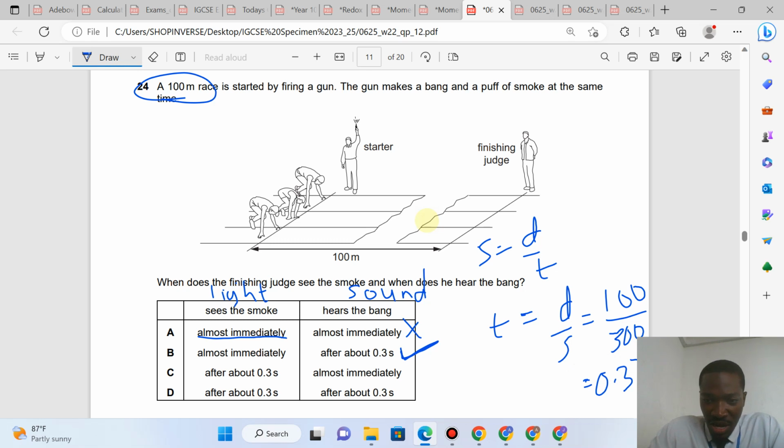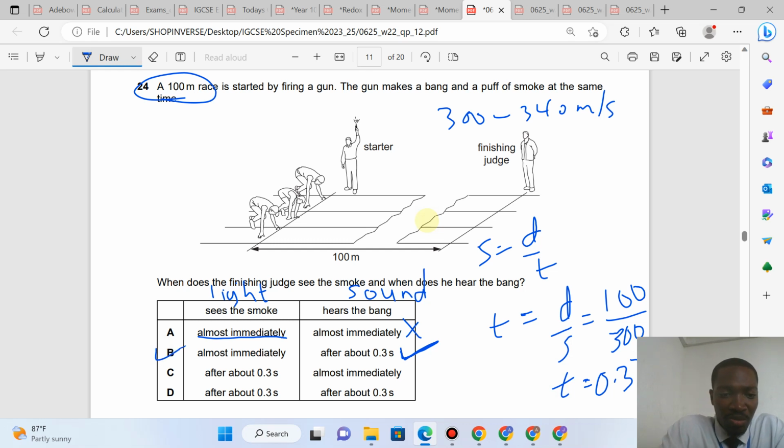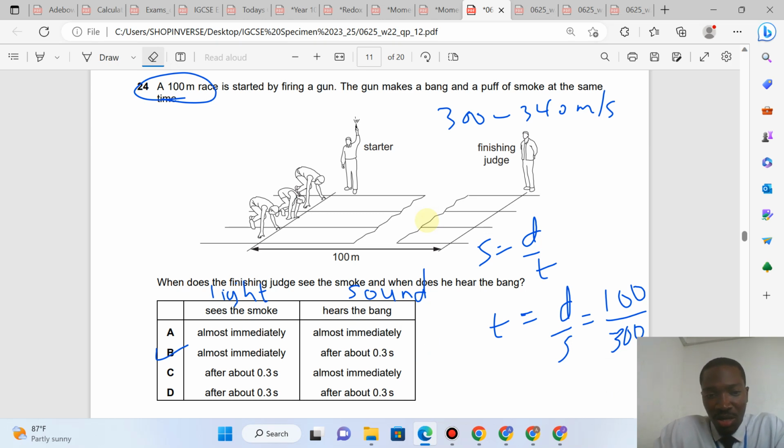And if you want to use the higher value, the speed of sound is around 300 to 340 meters per second, you'll still get the time to be around 0.33 seconds. That means option B is the correct answer to the question. I hope this is clear. Good. So let's go straight to the next question.